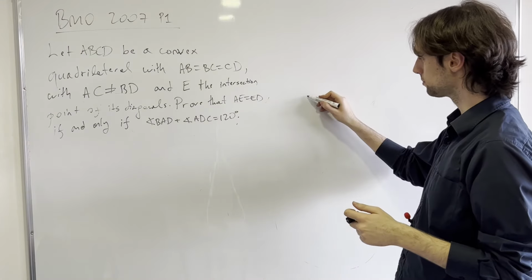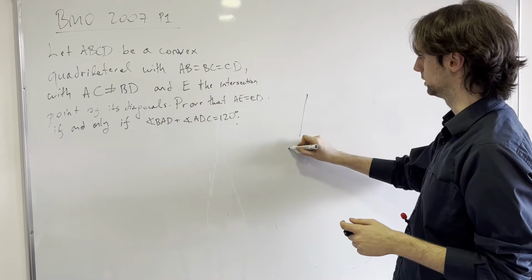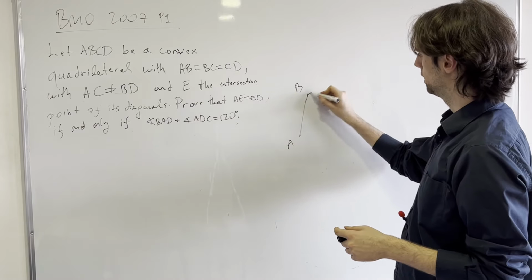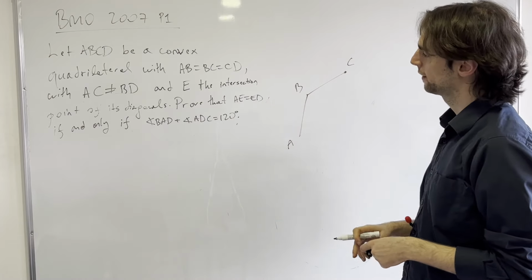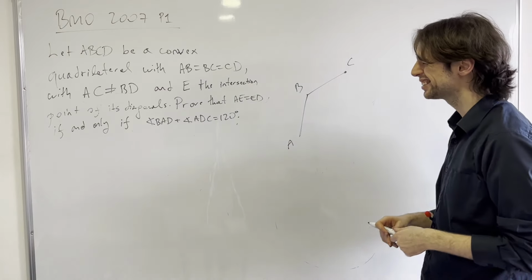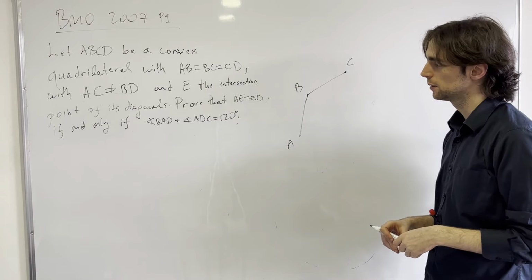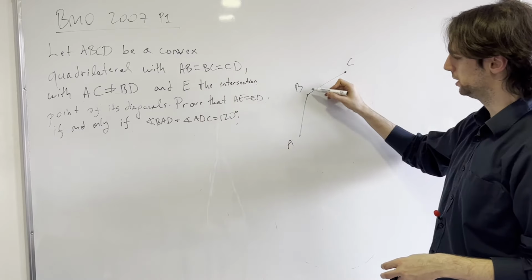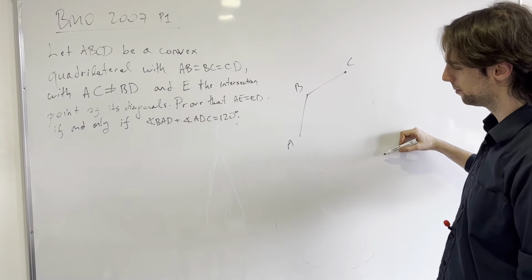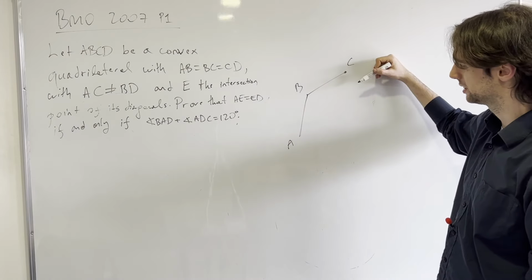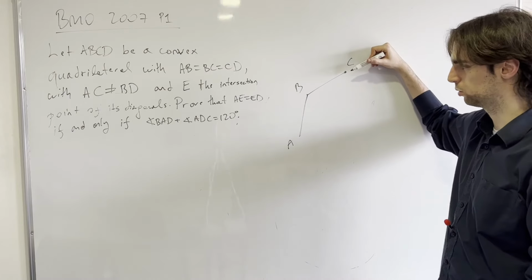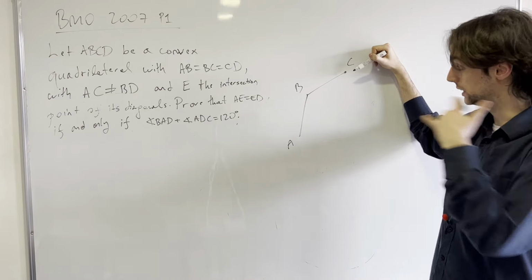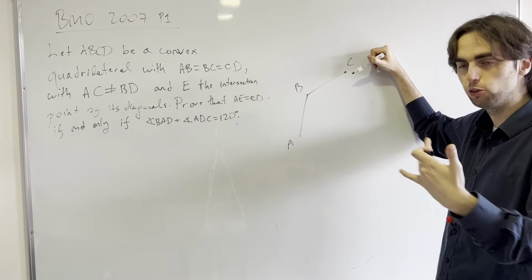So let's see. If we draw AB, I'll say C somewhere here. And now I'm looking to draw D such that BAD plus ADC is 120. Okay, this is actually a good question. How would you draw this point?